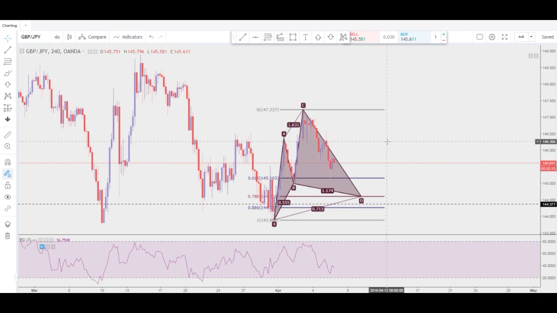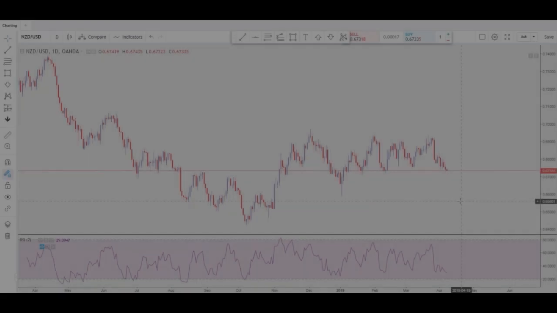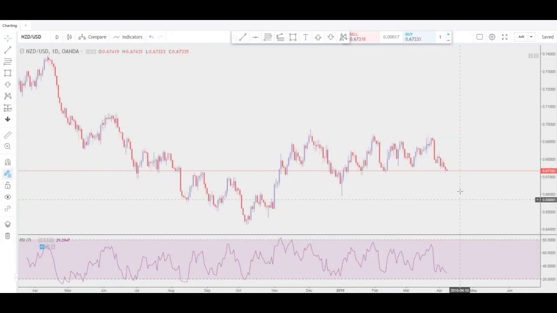Let's move on to our last and final pair, and that's the New Zealand dollar. We're on the daily time frame here, and it's interesting where price is currently testing. I'm going to put a horizontal line straight through it. It is a support level that I'm looking at.